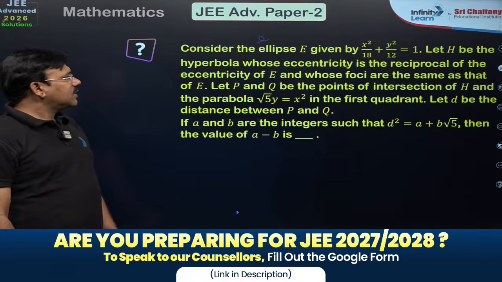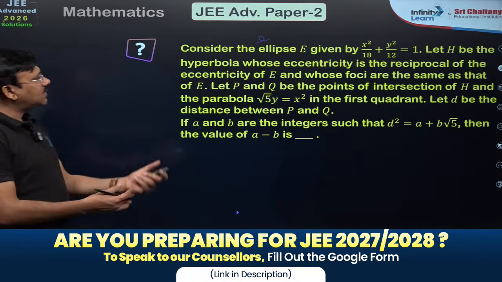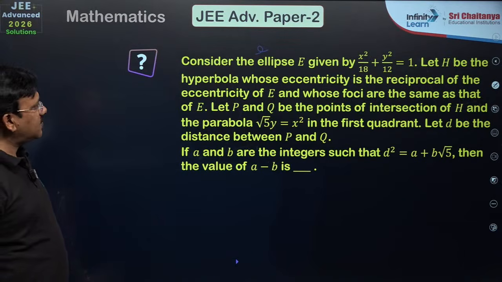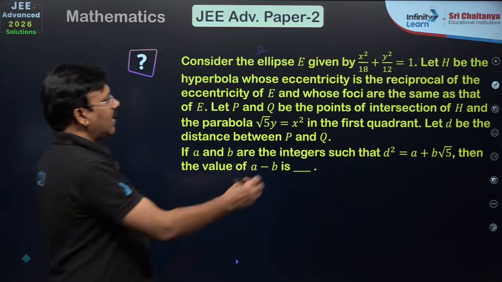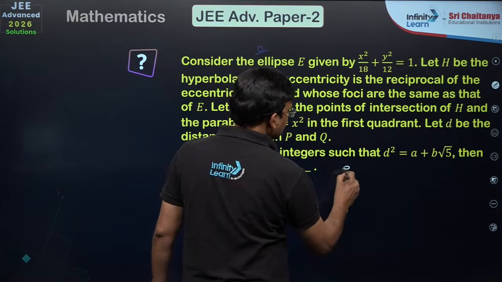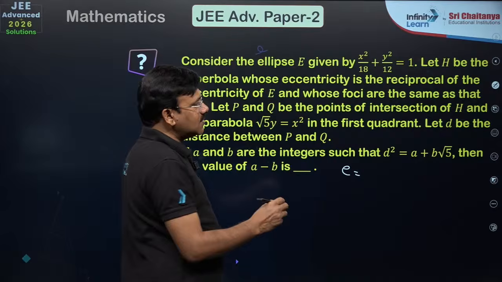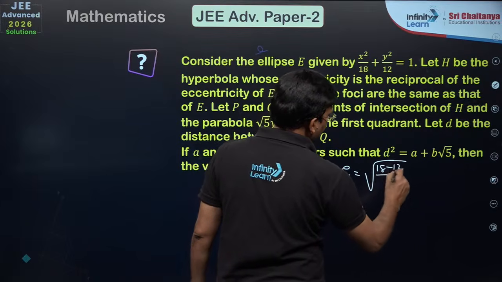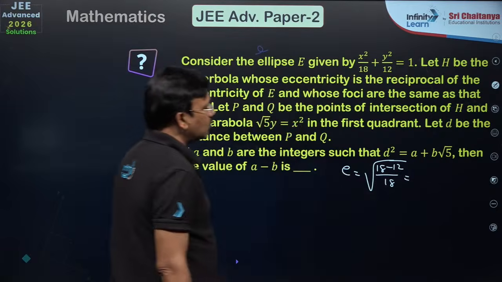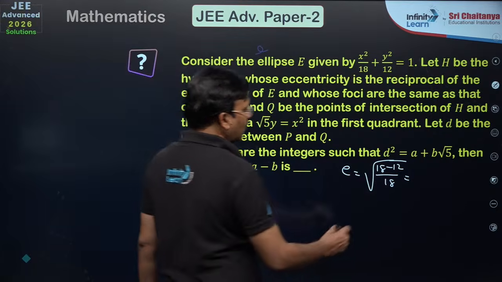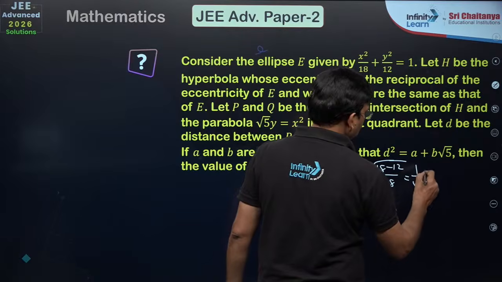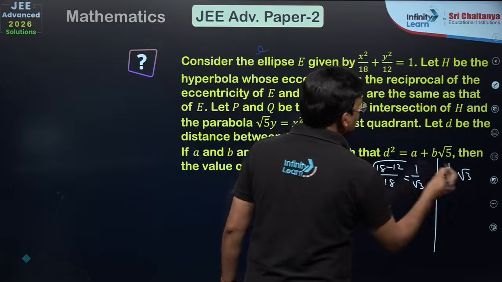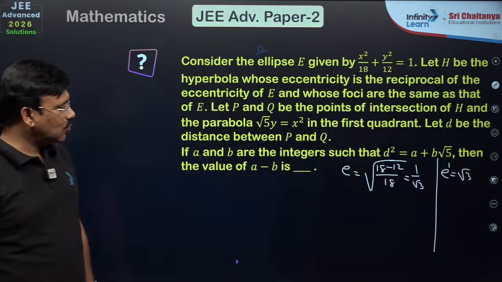The next, friends, you see this question: consider the ellipse E given by this and let H be the hyperbola with reciprocal eccentricity. For this ellipse, what is the eccentricity? E is root of b square minus a square by b square, which is going to be 6 by 18, 1 by 3, 1 by root 3. And hence for the hyperbola the eccentricity is its reciprocal, so root 3.